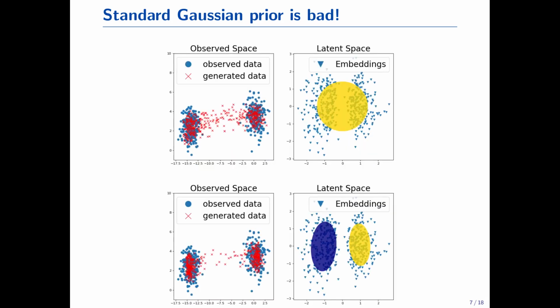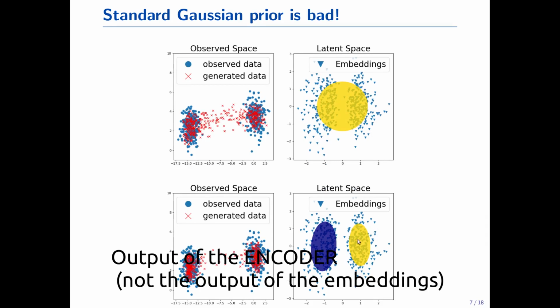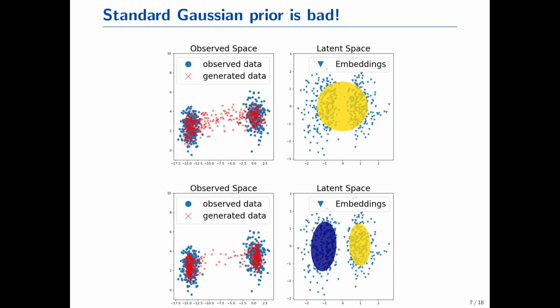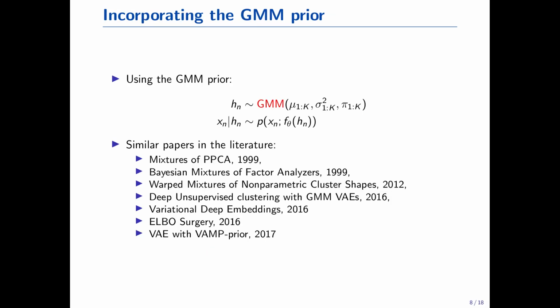And one way to model this is with a Gaussian mixture model. So if we learn the Gaussian mixture model on the embeddings, we see that the generated data is much better. We have much less spurious data that occur in the generated space. Okay. And incorporating a GMM prior is a good idea that has been explored in the literature in various papers.